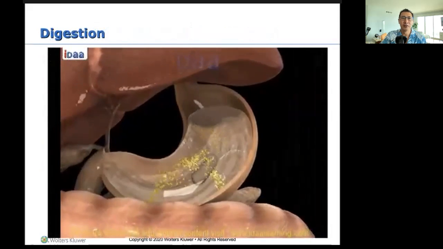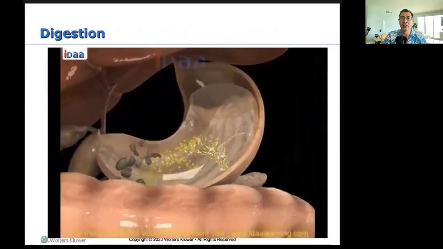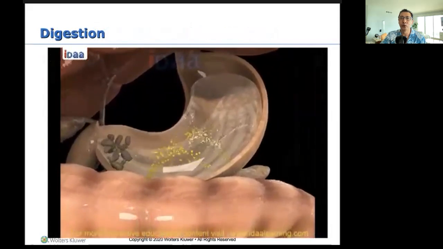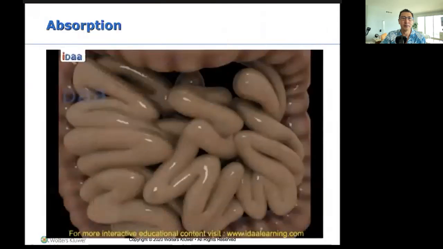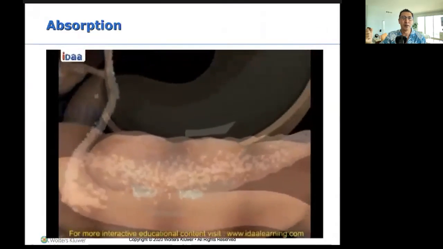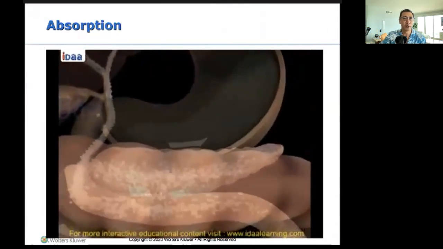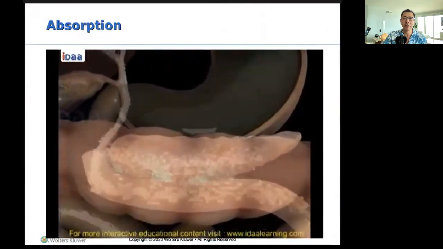Let's talk about digestion. Digestion is the process of breaking food into usable, absorbable nutrients. And after the food is digested, we absorb it. The food goes through the intestines. The nutrients are removed from all this stuff, and it goes into our bloodstream, the protein, the fat, potassium, sodium, everything else.